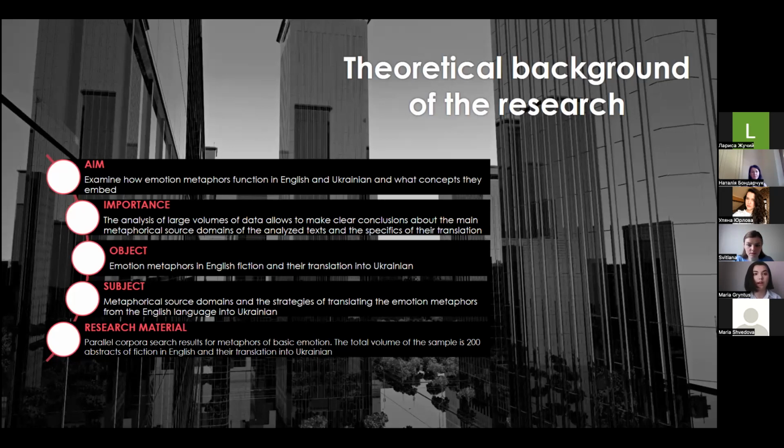First, we outline and collect the metaphorical source domains of basic emotion metaphors, and then we analyze differences between emotion metaphor functioning in Ukrainian and British fiction, and also the specifics of their translation. Moreover, we also compare the main metaphorical source domains of those outlined emotion metaphors.